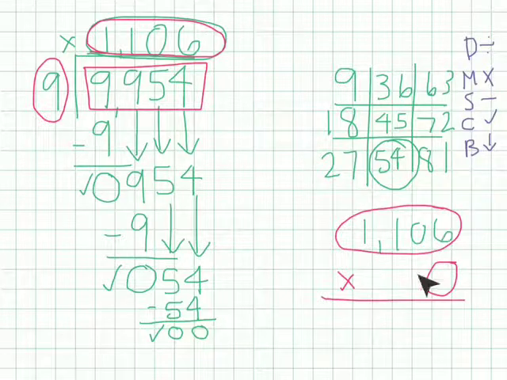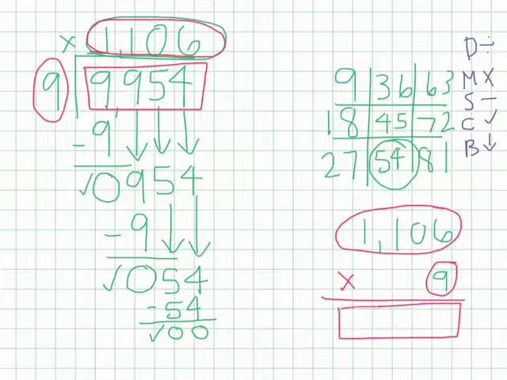And I have a small circle here, and I know I need to write my divisor in there. Now when I multiply this out, I hope that my answer, or my product right here, will be the same answer as my dividend that I had originally. So let's try it out and see what we get.